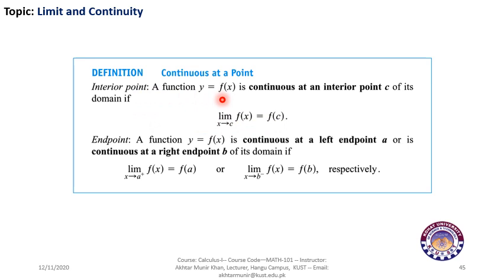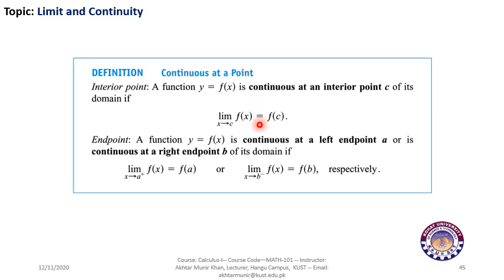So at the point x equals c, where c is an interior point, the function is said to be continuous at this point if this condition holds true: the limit as x approaches c of f of x equals f of c, where f of c is obtained by directly substituting c in the function, and the limit is the limiting value of the function as x approaches c.